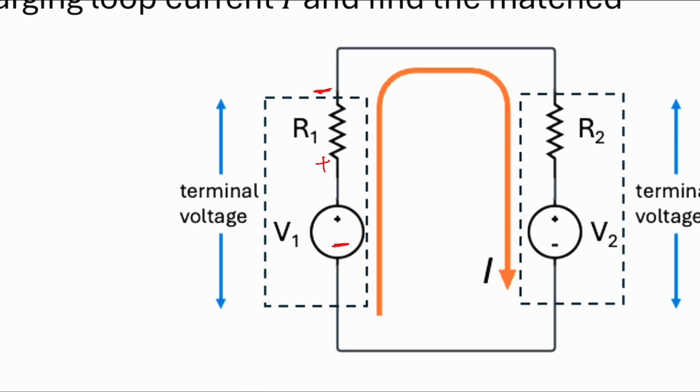So when we analyze using KVL, this loop, the orange one, enters R1 from the positive side. So we use the rule that because the path enters the R1 from the positive side, we put positive here.